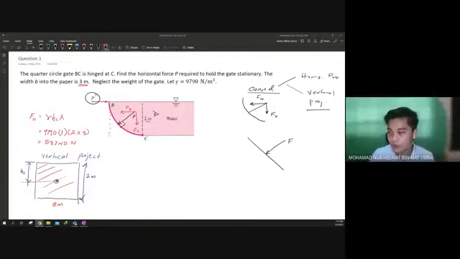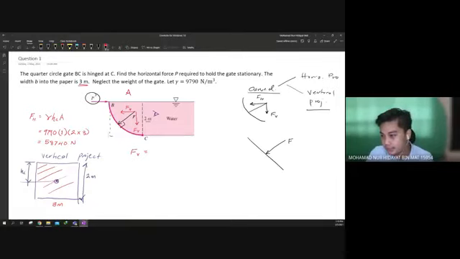Okay, yes. Now we proceed to FV. So look at FV. This one. So when you look at FV, look at the horizontal projection. So this is FV, this is your eyes. So what do you look at from your eyes point of view?